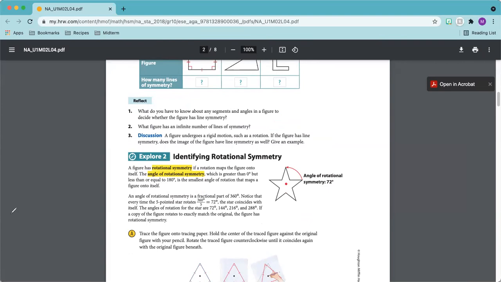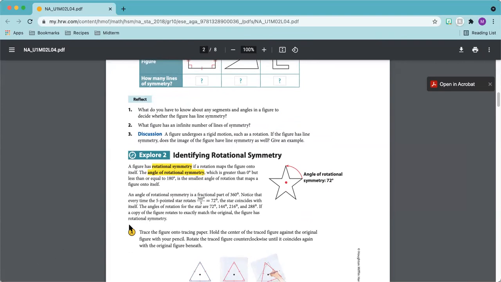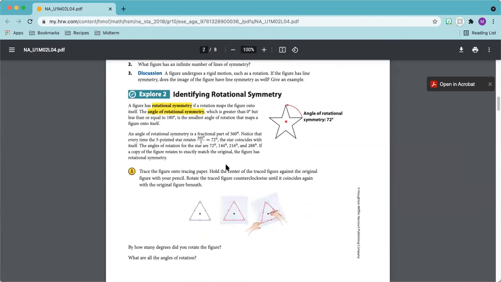There we go. All right, the next thing is rotational symmetry. So rotational symmetry is pretty much what it sounds like. Instead of reflecting my shape, I'm turning it. So if I turn my shape a certain number of degrees, it's going to line up to its original way. So we have here the little star, right?